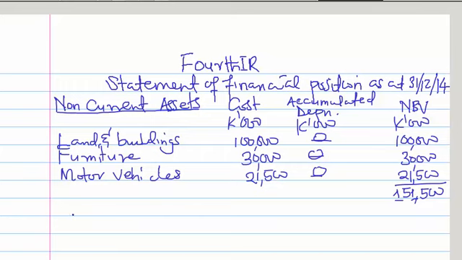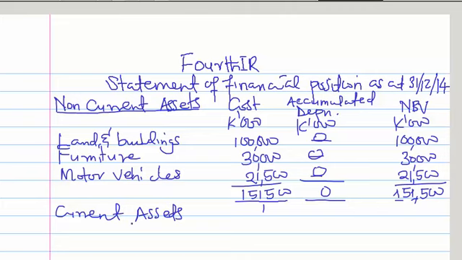Once you list your non-current assets, you can go on. Actually, I can even close this up. So this is 0 and that's 151,500, so that when you subtract this, you get that. When you get your total non-current assets, you can then go on and find your current assets.